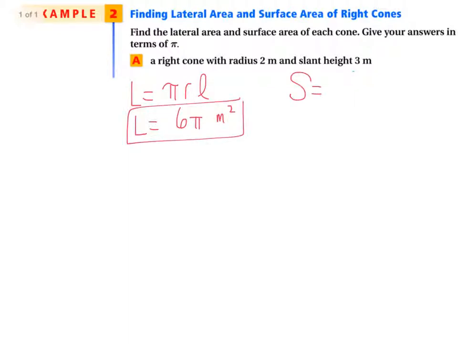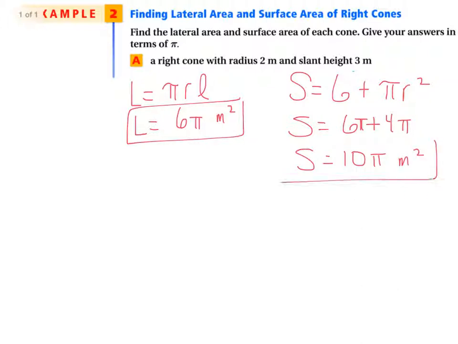The surface area is going to be 6 pi plus the area of the base. So that's going to be the radius, which is 2, squared, 4 pi. So 6 pi plus 4 pi, which would give us 10 pi square meters.